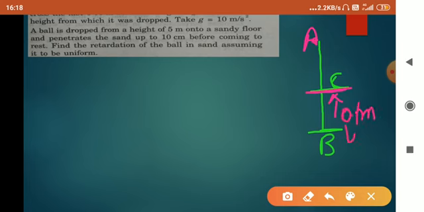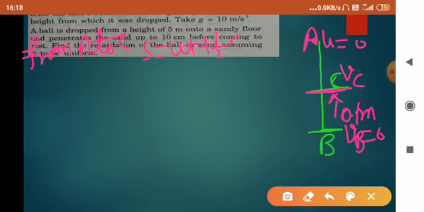And velocity of the ball at B is 0. At point C, velocity is vc. At point A, velocity is 0. So from point A to C, s equal to ut plus half gt square.